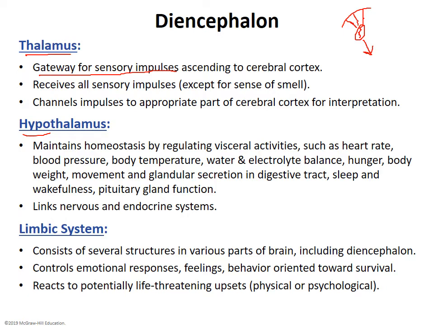Well, the thalamus is going to be just next to it, and it's taking the incoming information and then sorting it to the different areas that it needs to go to.